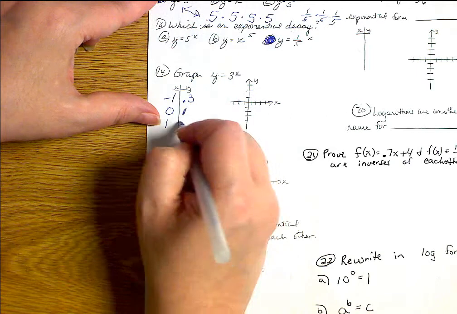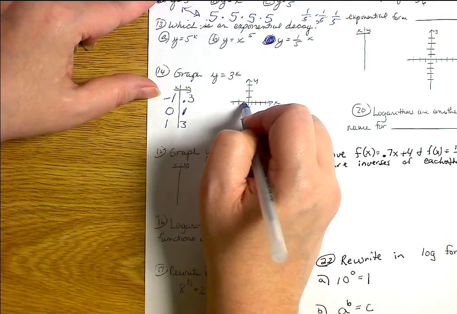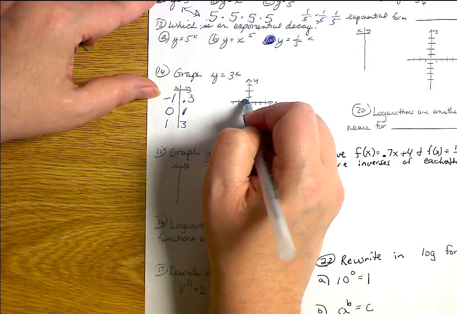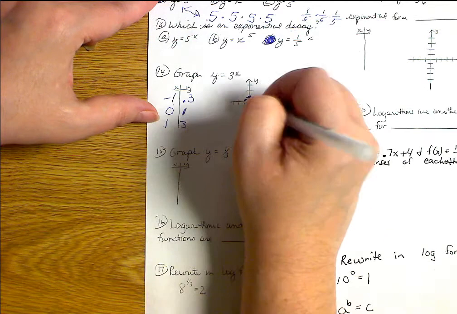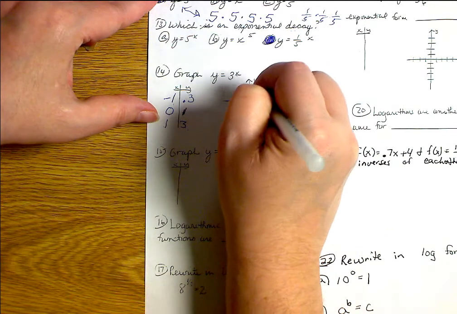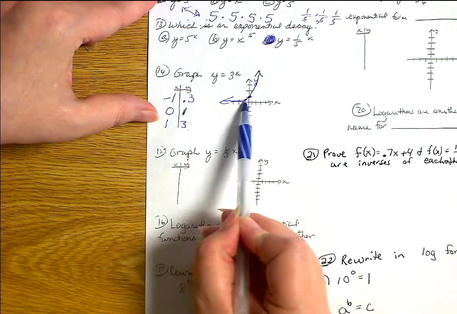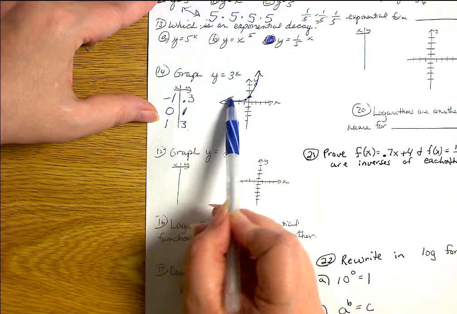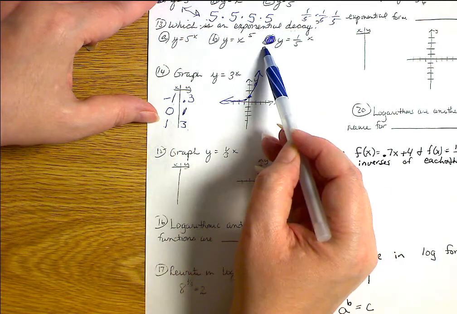I got to plot these points. -1 and then 0.3, so it's barely there. 0 is 1 and 1 is 3. This one is called an asymptote. It gets close to the x-axis, but it never crosses it, so it's going to just keep following the x-axis. This is going to shoot up and keep going up forever.